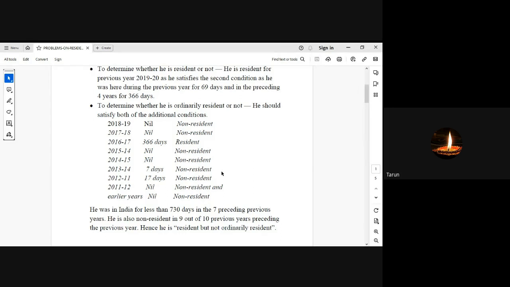As a result, he is a resident, but he has not satisfied both additional conditions, that is, more than 730 days. As a result, he is not an ordinary resident of India.